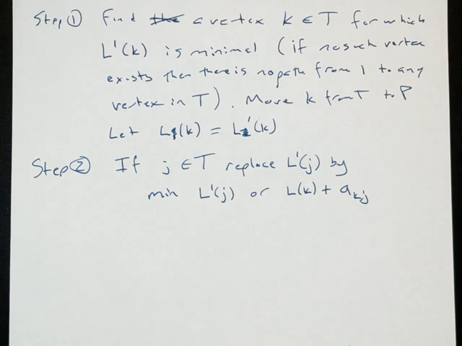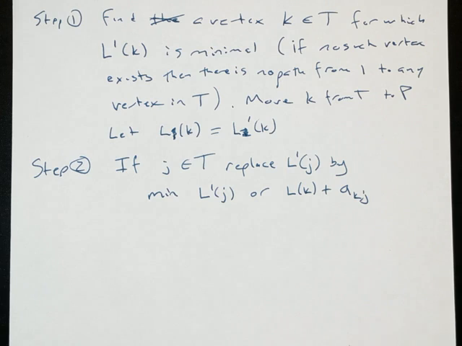Label that permanent and move it to the permanent pile. But then go through and change the weights on the temporary ones by picking whichever is smaller, the current temporary label, or go to this vertex that you just moved first and add it into the path.